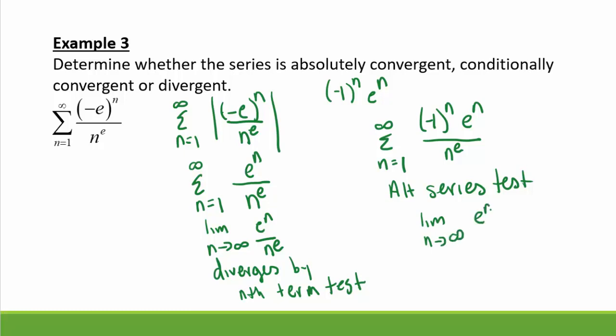I look at this, and this goes to infinity. Again, both the limits go to infinity, because an exponential is going to get bigger faster than something to the e power, which is like 2 point something power. So e to the n is going to grow at a faster rate. So this fails. This series diverges.